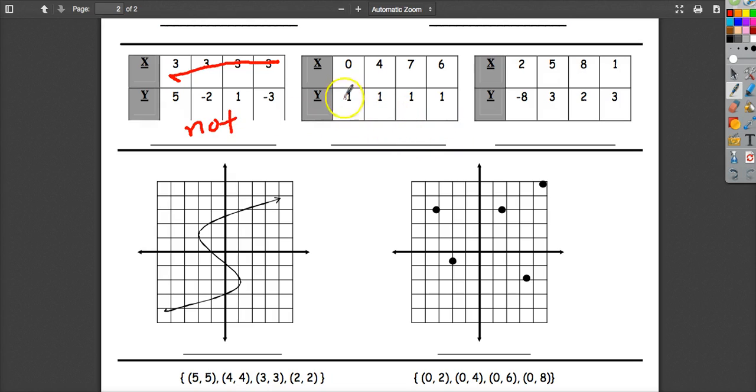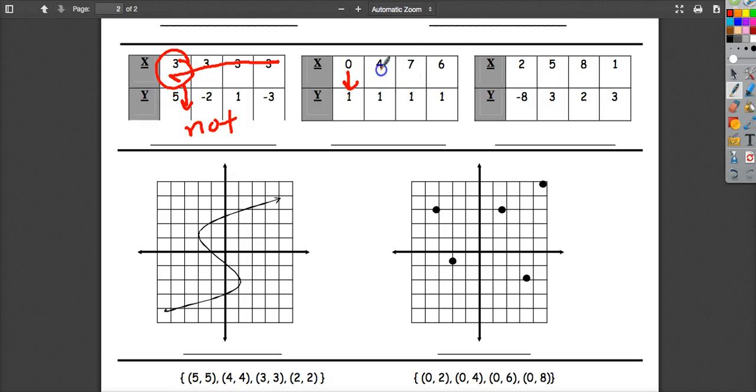Not a function. This one, 0, 4, 7, 6. These are all your inputs, 0, 4, 7, and 6. They all have an output of 1. Is that okay? The answer is yes, that is okay, because a function says that a single input can only have a single output. But these are all different inputs.